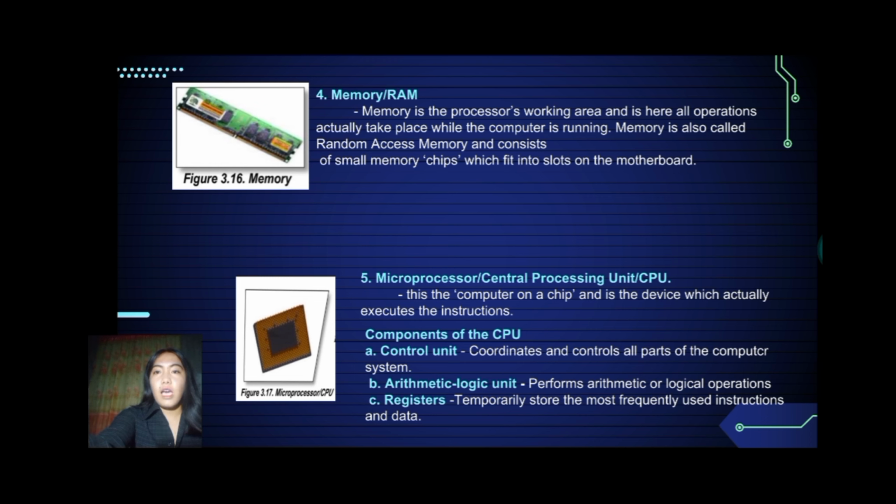In summary, the microprocessor or CPU is a critical component of a computer, responsible for carrying out instructions and calculations necessary for the computer to function. It plays a central role in determining a computer's overall performance and capabilities. There are three components of the CPU. These are the control unit, arithmetic logic unit, and registers.